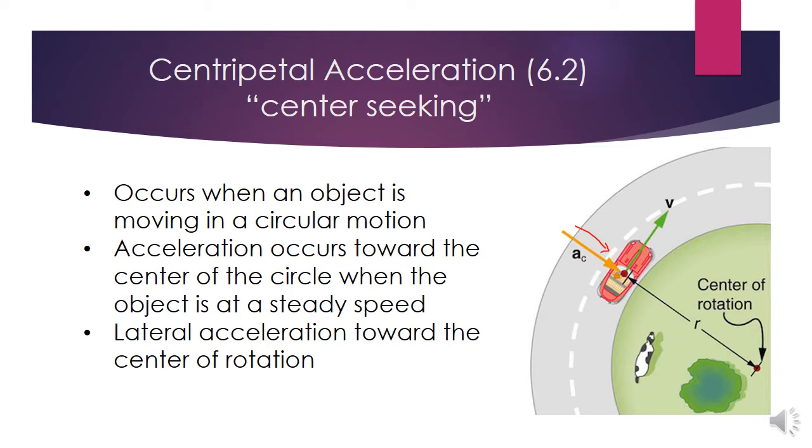That is why it's called centripetal acceleration, centripetal meaning center seeking, because that acceleration is pointing towards the center of rotation, the center of that circle. So we always have centripetal acceleration anytime we're going around a curve or in a circle, any type of rotational motion.